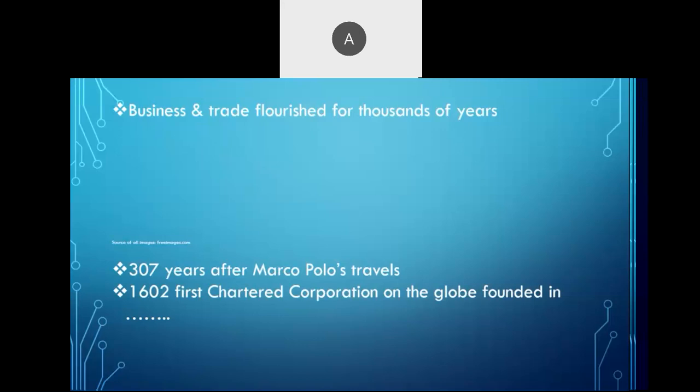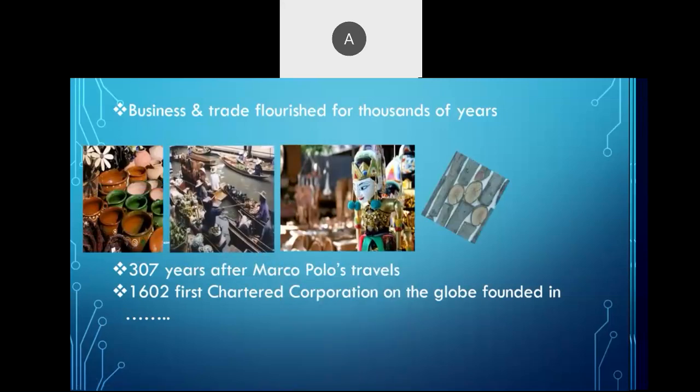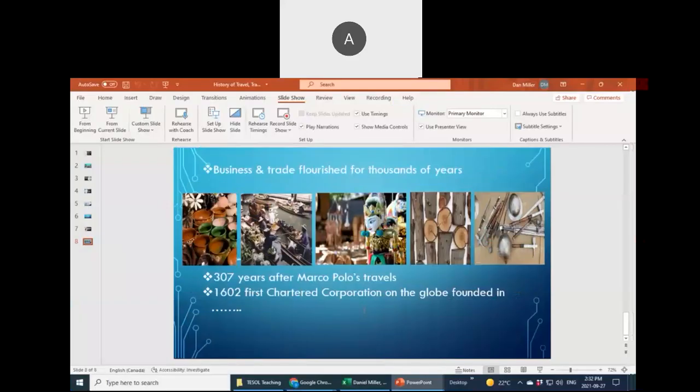It is a country that begins with the letter N, but it is not Norway. It's the Netherlands. Yes, it was in the Netherlands that the first chartered corporation on the globe was founded.